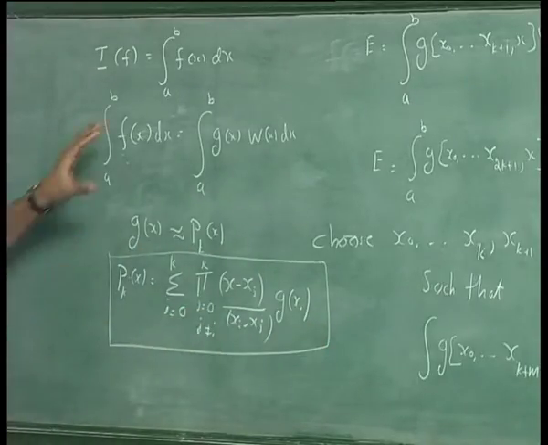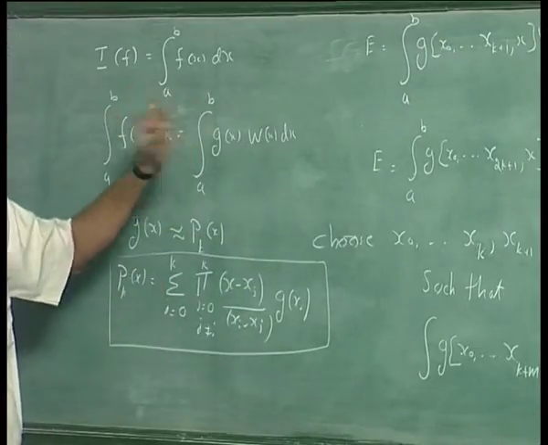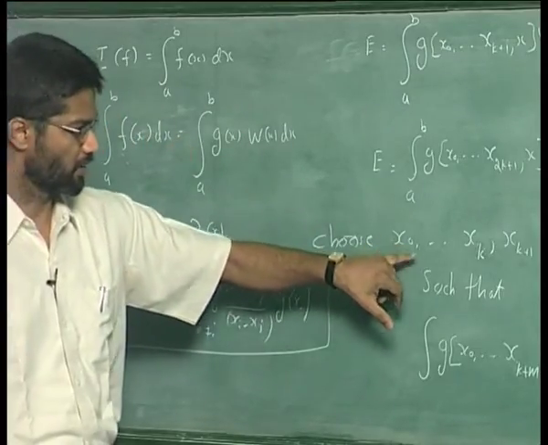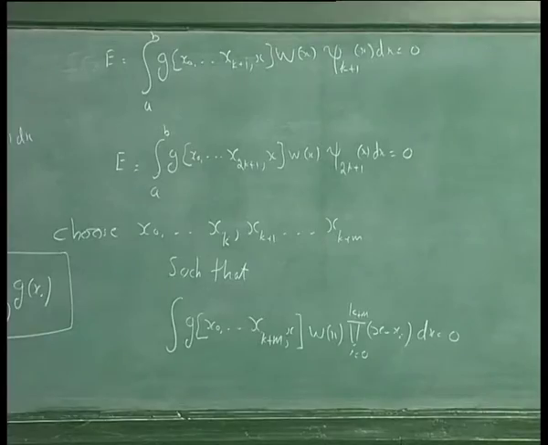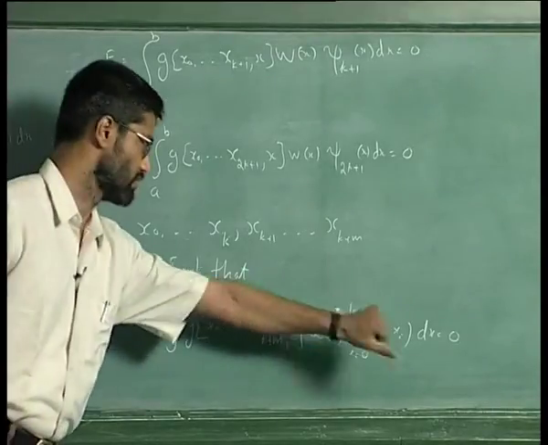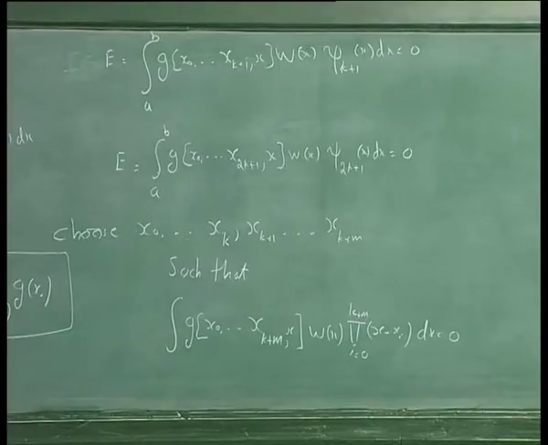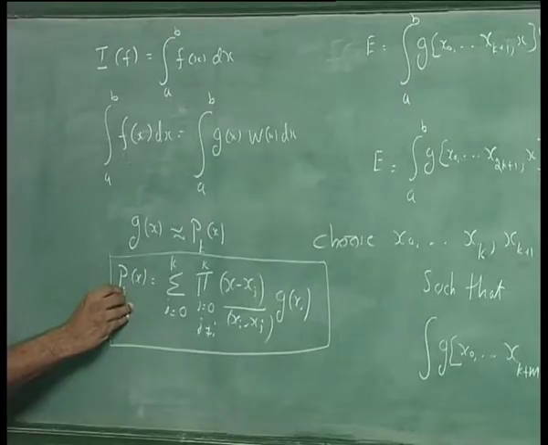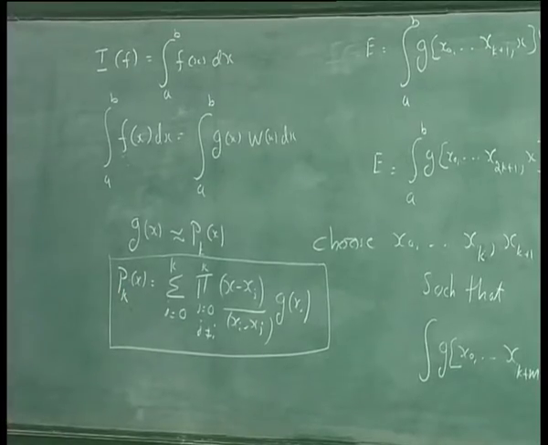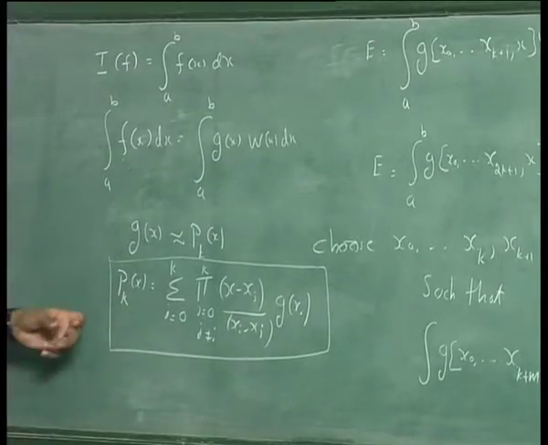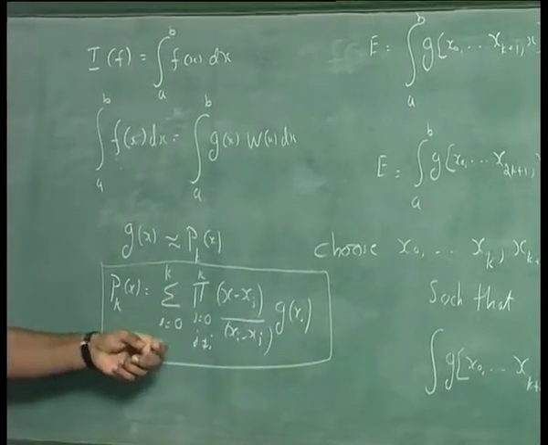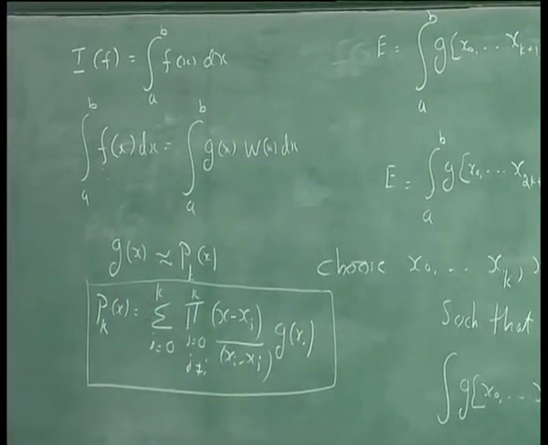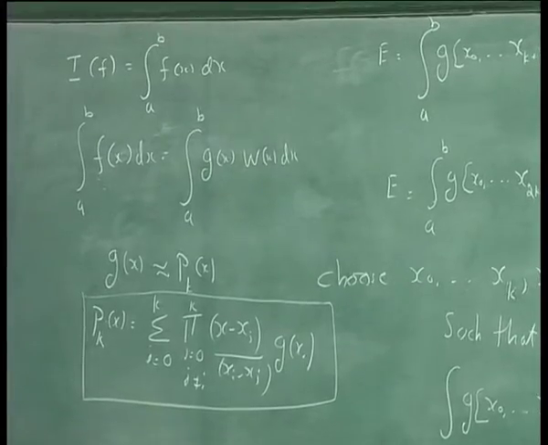So, this is our polynomial approximation. In this construction our aim is to choose x0 to xk plus m such that this is 0. We will start with the polynomial approximation of the function g of x. g of x is given to us, and we will construct pk of x, the kth order polynomial, first. We will construct this polynomial using the Lagrange form, which we have seen in the polynomial interpolation scheme.